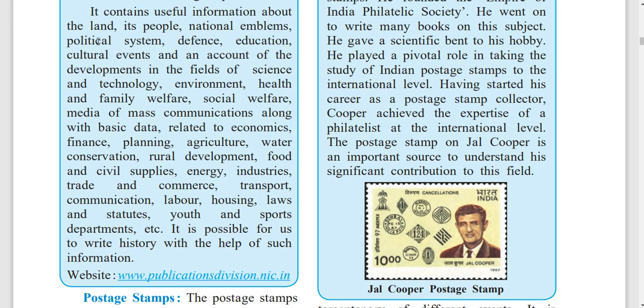It contains useful information about the land, its people, national symbols, national emblems, political system, defense, education, cultural events, and an account of the developments in the field of science and technology, environment, health and family welfare, social welfare, media of mass communications, along with basic data related to economics, finance, planning, agriculture, water conservation, rural development, food and civil supplies, energy, industries, trade and commerce, transport, communication, labor, housing, laws and statutes, youth and sports department, etc. It is possible for us to write history with the help of such information.